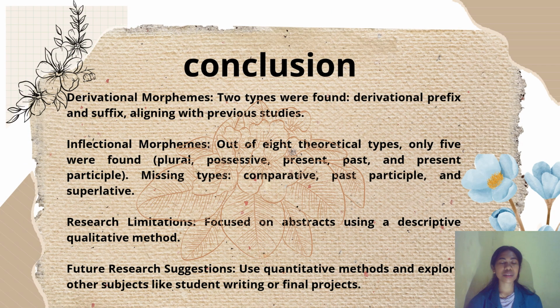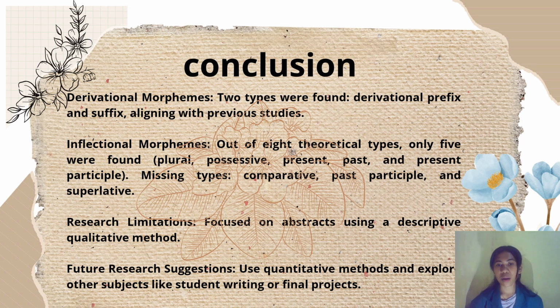Now, ladies and gentlemen, we've come to the end of the presentation today. It is the conclusion of this article. Two types of derivational morphemes were found, derivational prefix and suffix, aligning with previous studies. For inflectional morphemes, out of 8 theoretical types, only 5 were found: plural, possessive, present, past, and present participle.